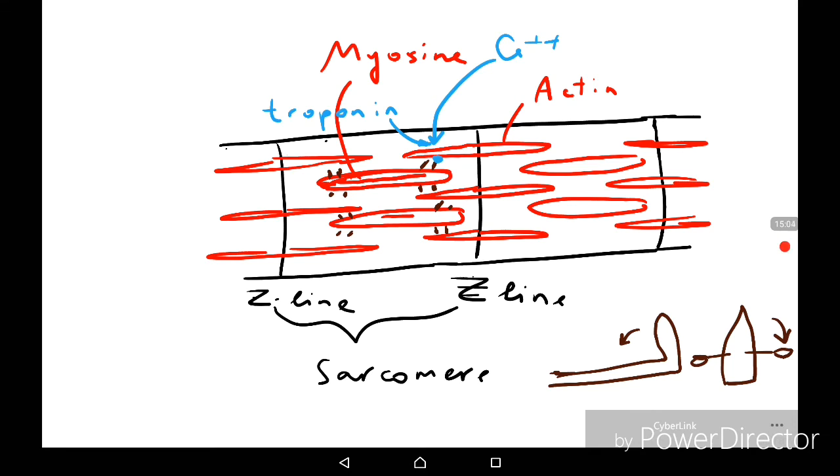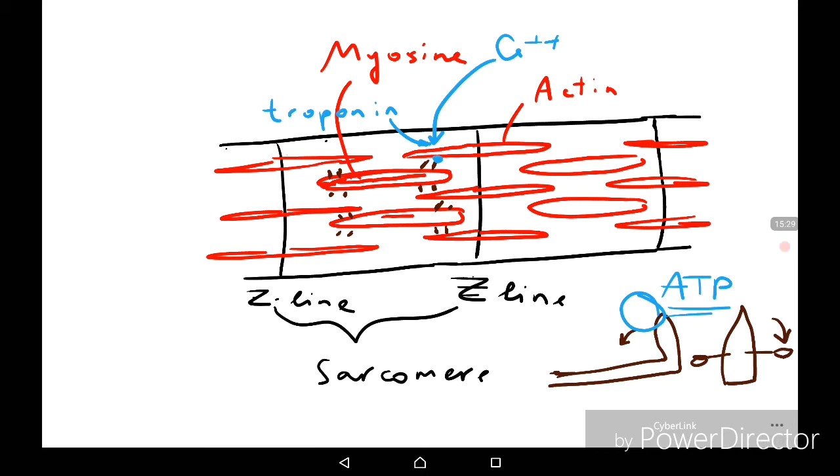But when calcium is present, then troponin and tropomyosin change their conformation so that at that point the myosin head binds actin, and actin induces the breakdown of ATP.